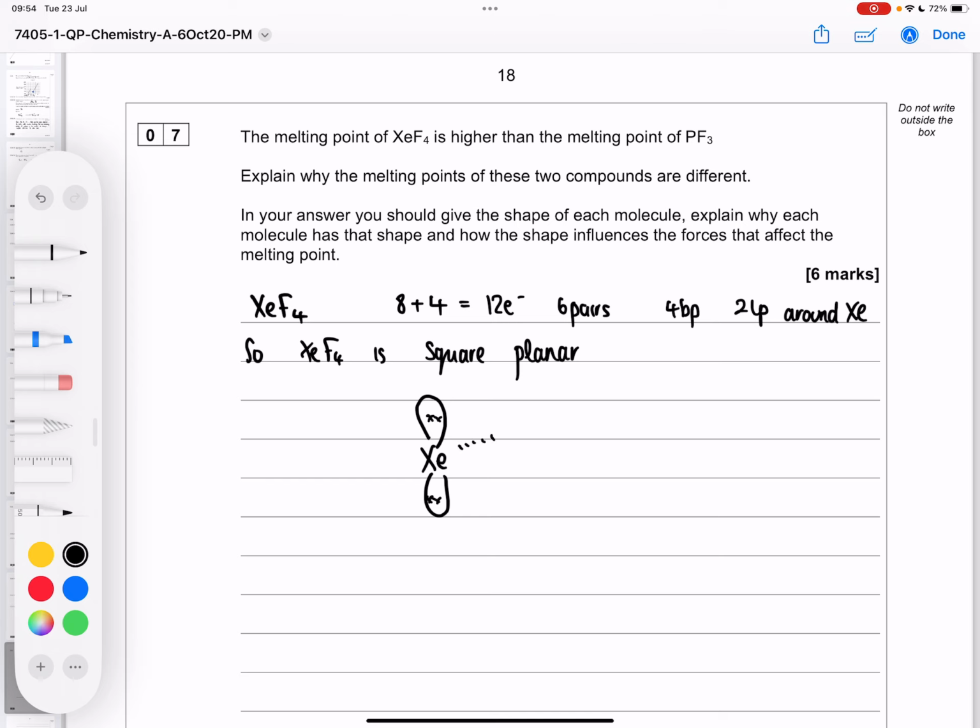Those lone pairs are trying to get as far away from each other as possible because lone pairs repel more than bonding pairs. So we've got this square planar shape.